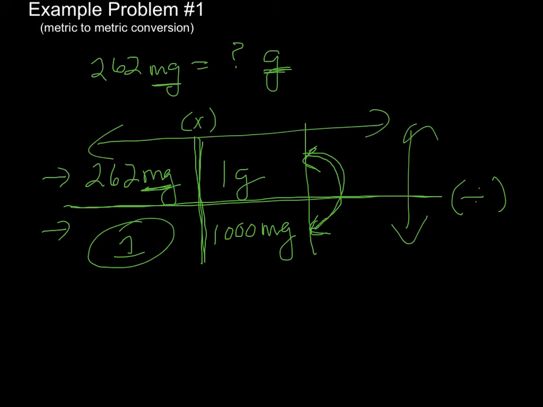So in this case, the way this works out really well is that the units of measure, the milligrams, cancel on each side, and so I'm left with the final units of grams, which is my desire. So 262 times 1 gram divided by 1,000 would equal 0.262 grams. That's an easy metric to metric problem.